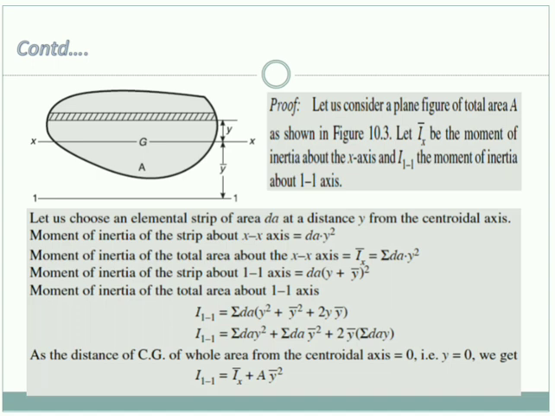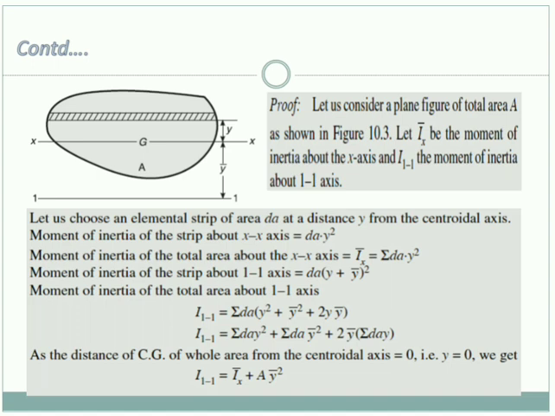Then moment of inertia of the total area is nothing but what? Summation of dA into bracket y plus y bar square. Same concept, because many elemental areas will make the entire body, which is summation of dA into bracket y plus y bar square.